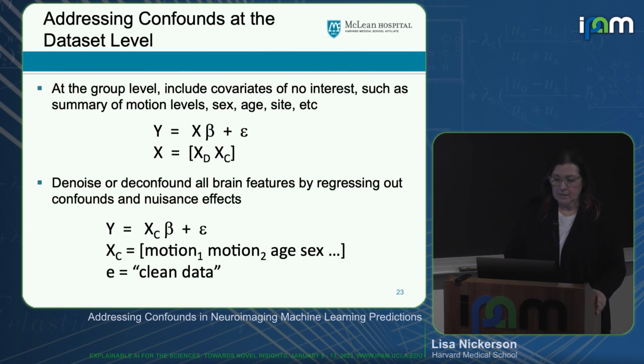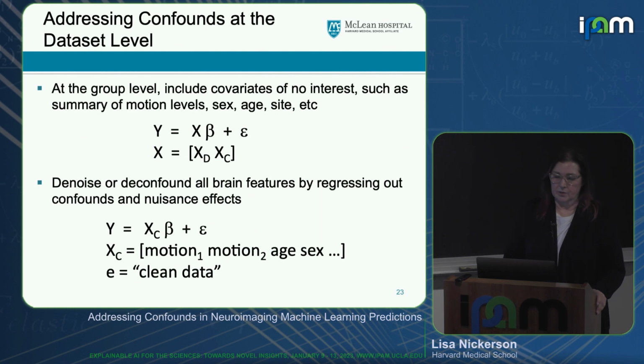So in this first case, you have a design matrix that has a part of the design matrix that is encoding the things you care about, like group differences or group membership. And then you have a part of the design matrix that are all of these regressors related to age, sex, and other confounds.